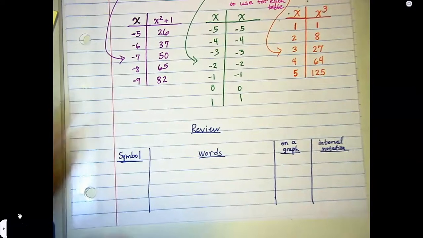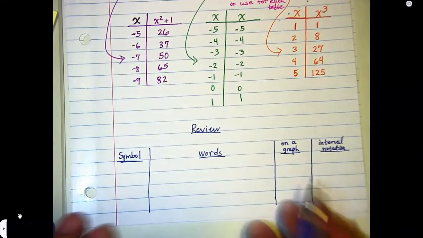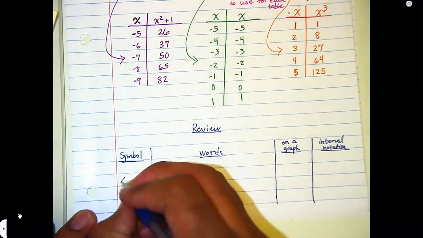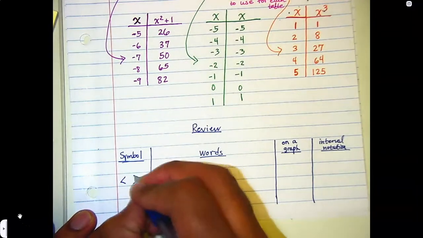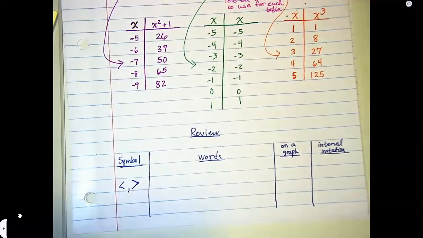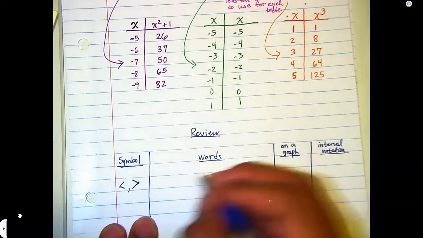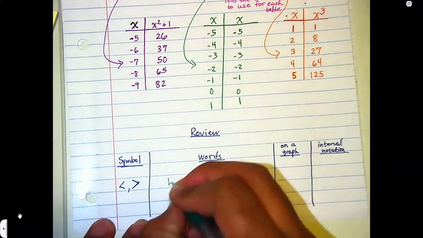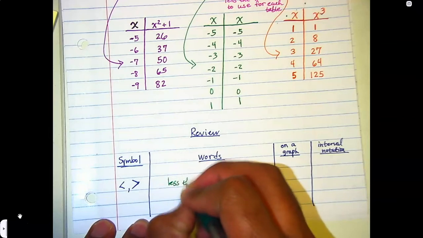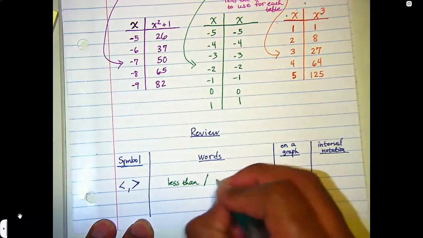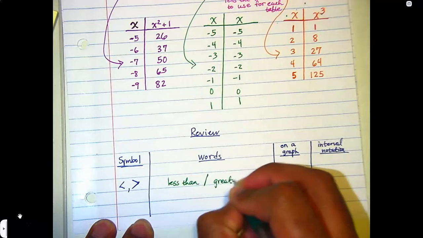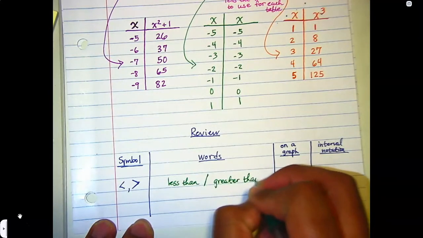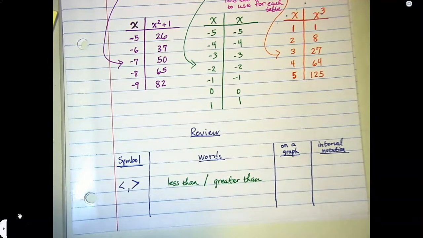All right. So first things first. We have our less than sign and our greater than sign. The word form, we have less than, and greater than. Right, so we have both of those.